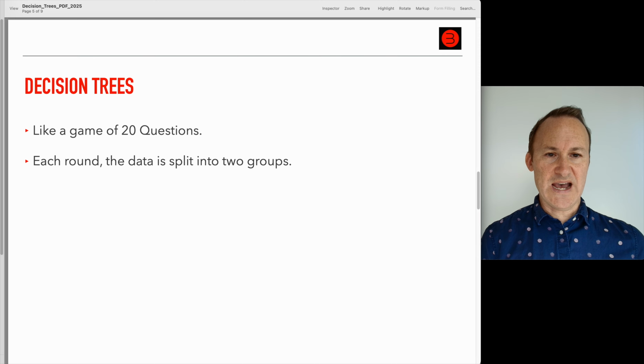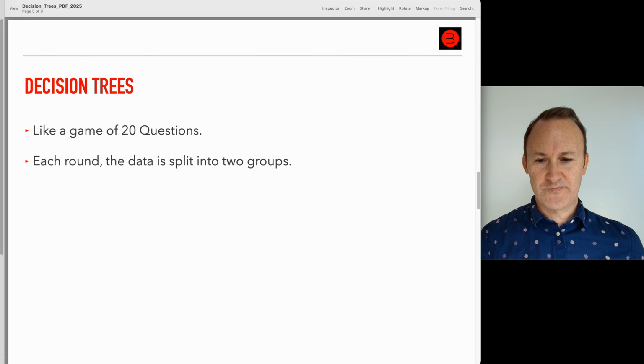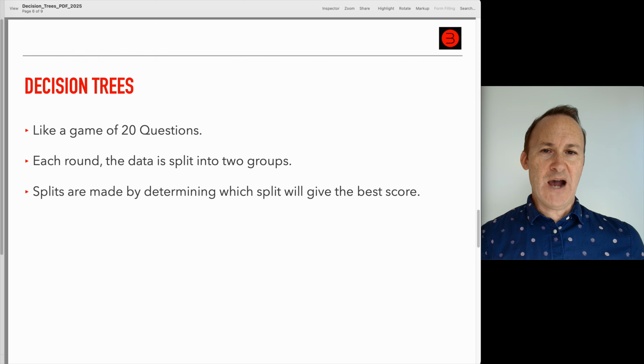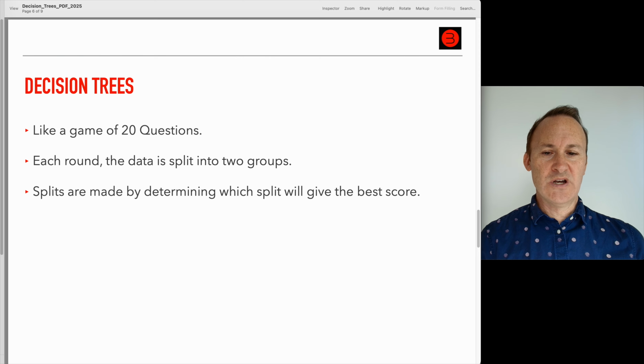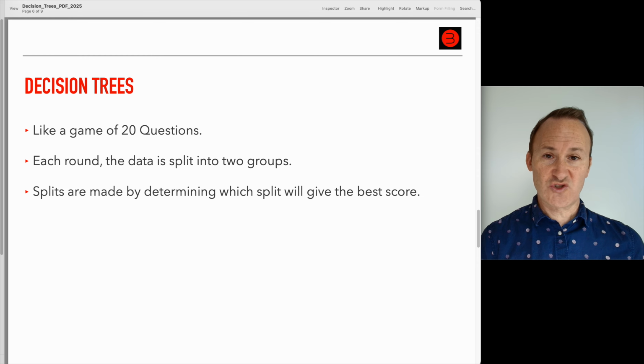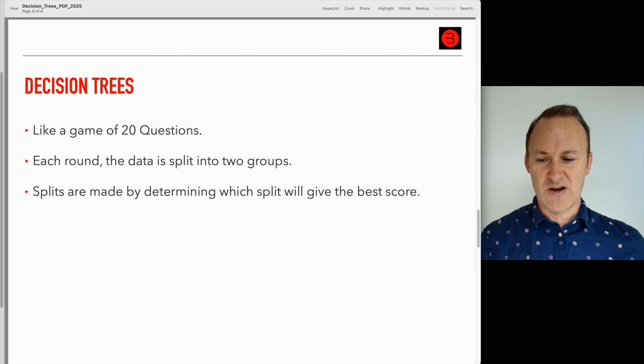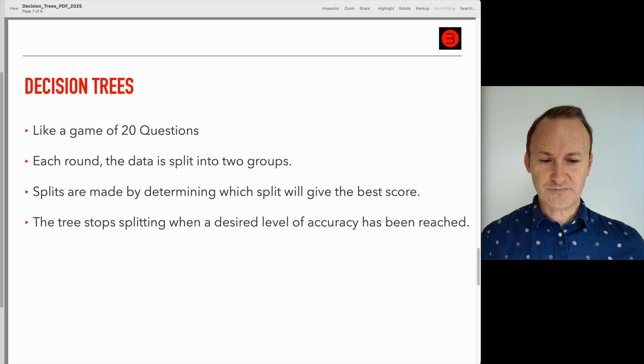And if the answer is yes, you group that data all together and the no's all together. Now, how are these splits determined, right? Well, it's just going to try some random ones out, and then the model will go back and take the splits that give the best score either in that round or later on.